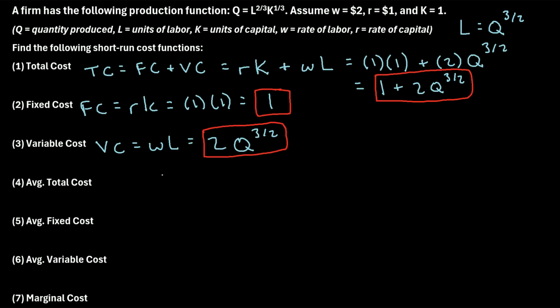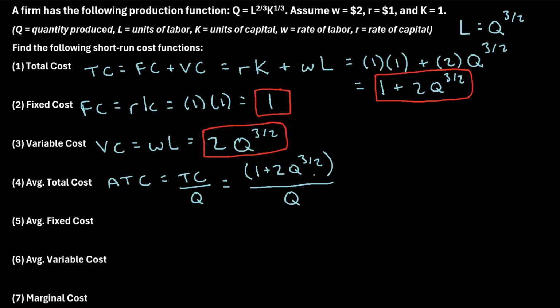So that's good. Next, we can find our average total cost. Let's abbreviate that as ATC. That's simply the total cost divided by the quantity produced. We already found our total cost function, so if we take that whole function and divide it by Q, let's see what we get.